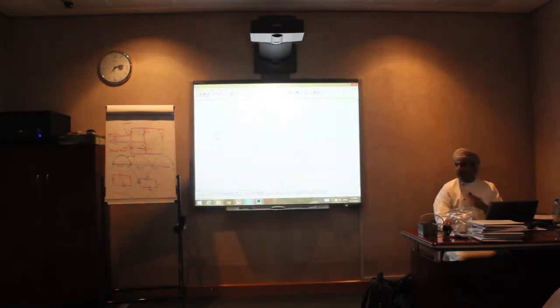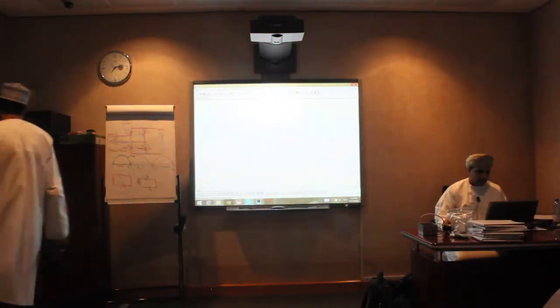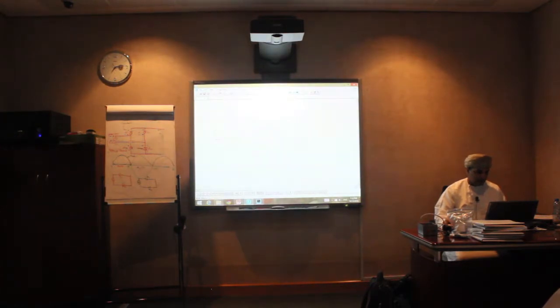I'm doing the same thing as the previous example to show you the difference. Now let's add a voltage probe on this side, which is for the VN dot VM, and another voltage probe to the other side for the load to measure the voltage across the load.